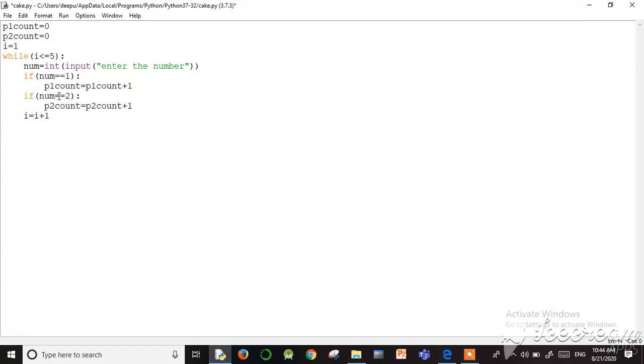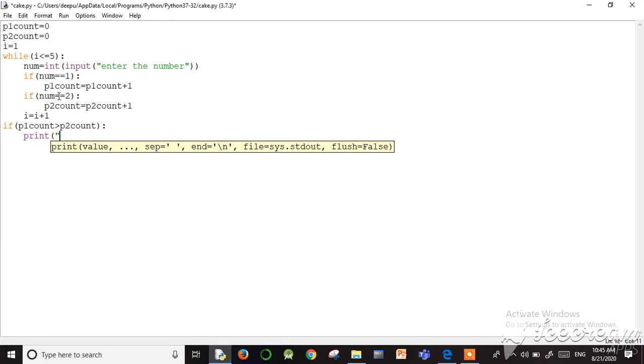After completing the loop, outside the loop we need to check the counts. If P1 count is greater than P2 count, then we can say that player 1 wins.